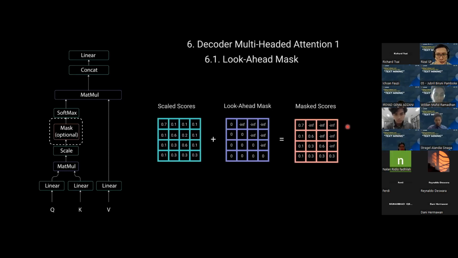This effectively ensures that the decoder's MHA only attends to tokens that precede the current token in the sequence, just as you described. So we can see that this is the final result. All values following the current token become negative infinity.